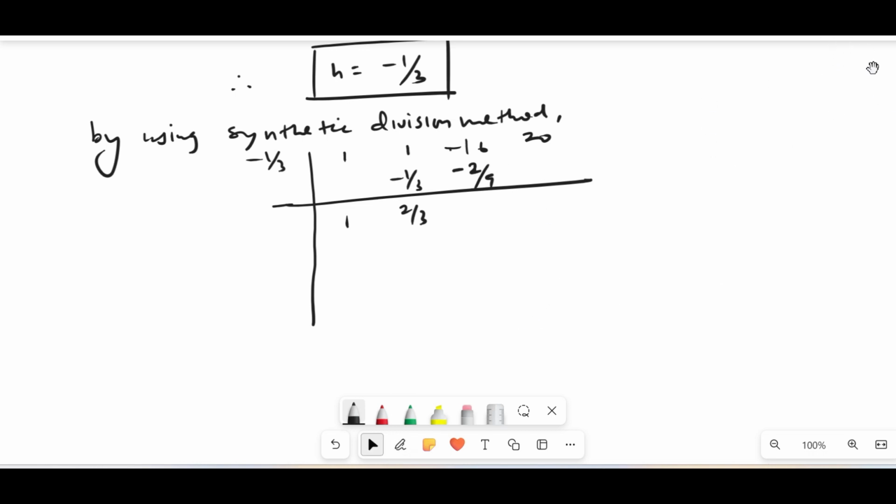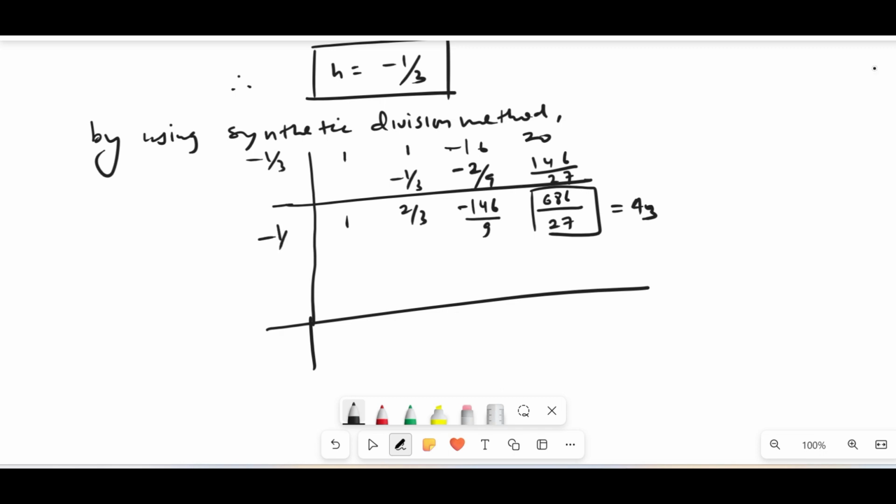It will give negative 146 over 9. So multiply again, it will give 146 over 27. After adding, it will give 686 over 27, and this value is equal to A3.